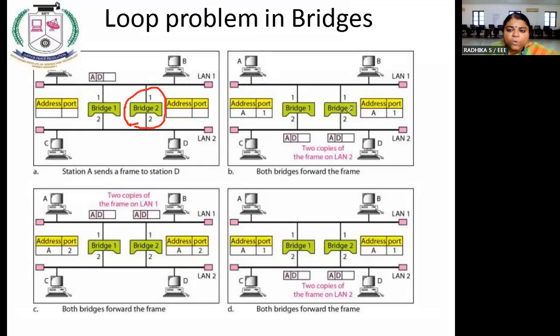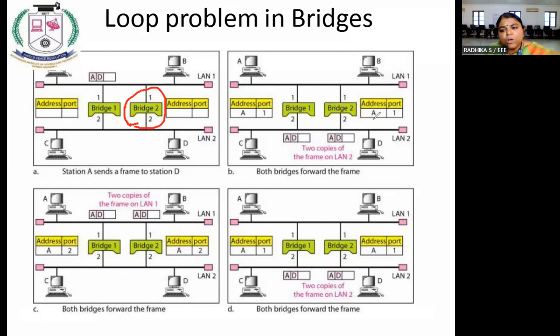Here also we will have the frame that is sent from device A. Likewise, when bridge 2 receives a frame from device A, it will also not know the destination address, so it will also flood the network with the frame that it receives. And it will come to know that address A is associated with port 1.